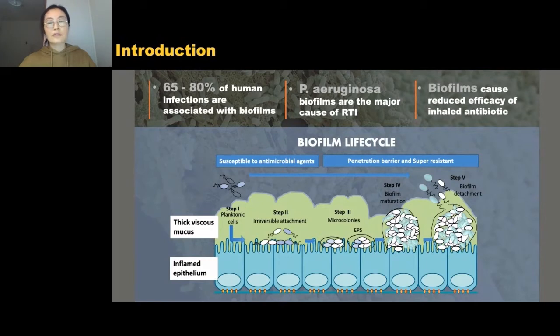Then the bacteria rapidly proliferate, forming microcolonies by producing extracellular polymeric substance as a protective layer. Subsequently, the biofilm matures and becomes super resistant to antimicrobials. The cycle continues with biofilm detachment, whereby planktonic cells colonize other areas in the lungs. Once the biofilm is established, these infections are difficult or impossible to eradicate.